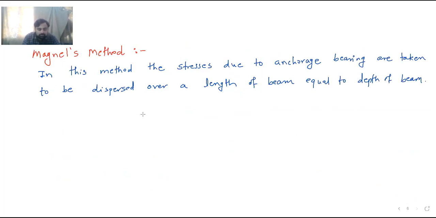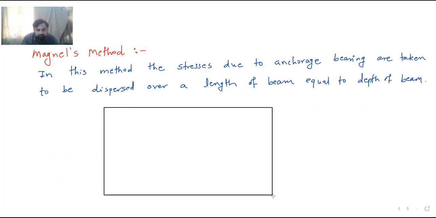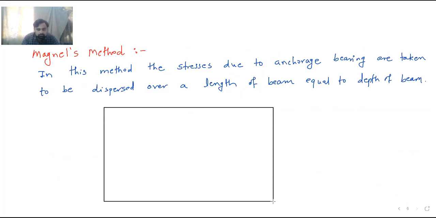So here, this is the beam, and this is the length of the beam, which is equal to the depth. I will write here D. Then tendons are also placed over here. I will show the tendons like this.